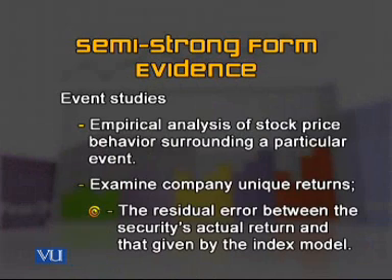We can find out the residual error between the security's actual return and that given by the index. We talk about relative strength. We talk about a company's performance in relation to the industry or the sector. And in the semi-strong evidence, this helps us make a decision whether a particular stock is behaving with the crowd, behaving with the sector, or showing an improved performance.